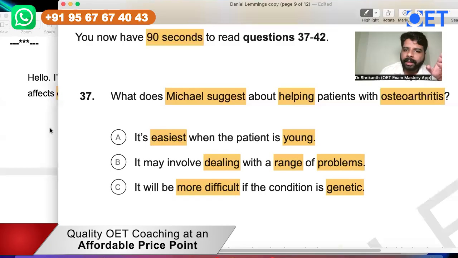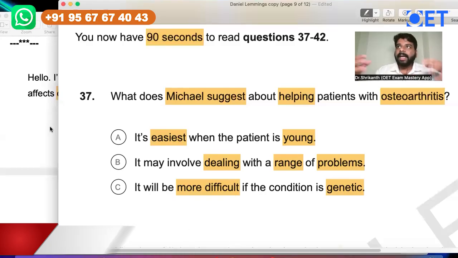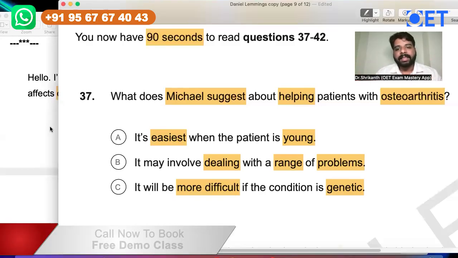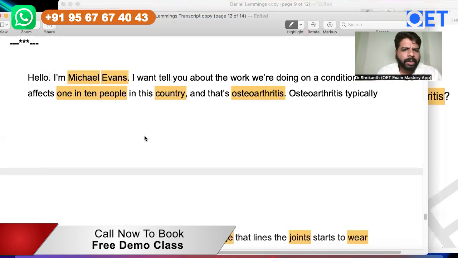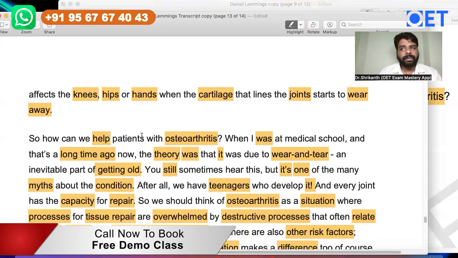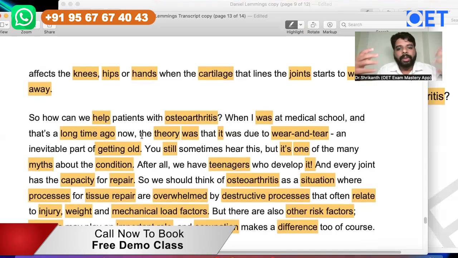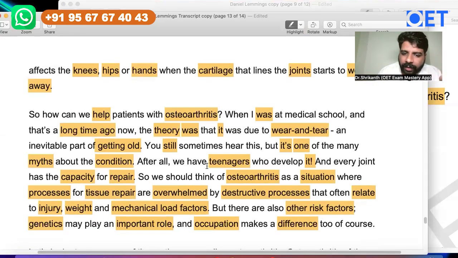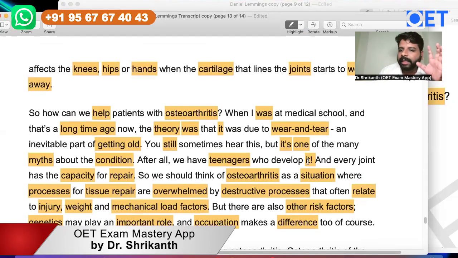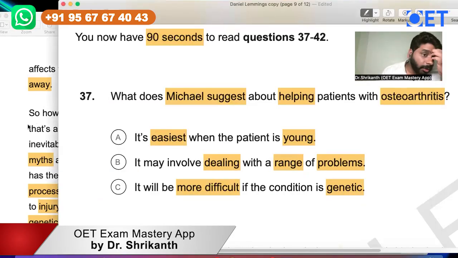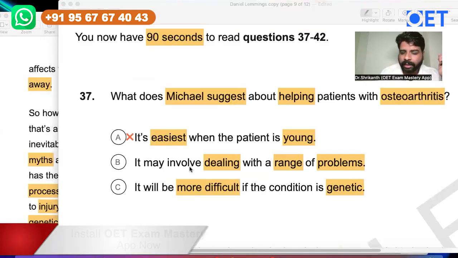Did we hear or read anywhere that helping people is easiest when the patient is young? They do not say anything. He is not saying that if we get a young person, it is going to be the easiest to help them. Even teenagers develop it, but he is not saying it is easy to treat teenagers. It is not mentioned anywhere. So since it is not mentioned anywhere, we cannot choose answer option A as the right answer.